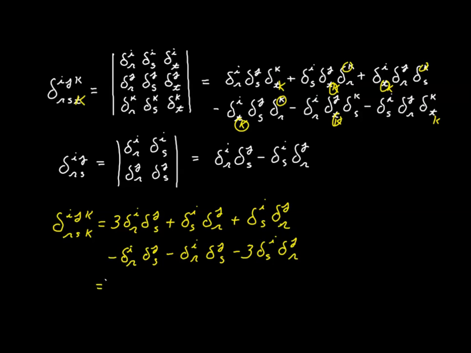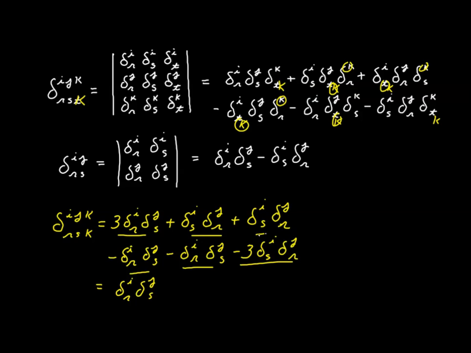So here we've got this guy is the same term as this one and this one. So combining them, we're just going to have delta ir delta js. And the same kind of thing happens right here.